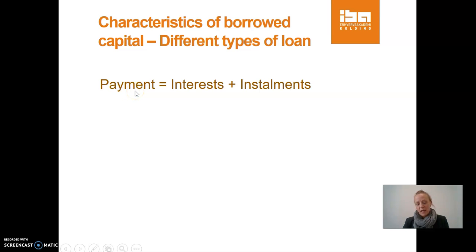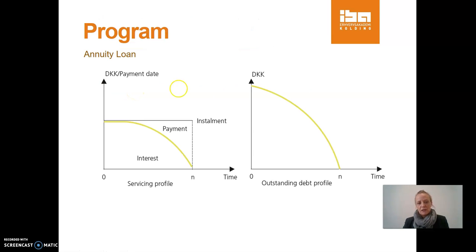So the annuity loan has identical payments throughout the whole duration time, and if you take a look at the outstanding debt profile, that means that at the beginning the company will pay a lot of interest on this loan. You can also see it visualized in this graphical illustration. The interest that the company pays at the beginning is very high.